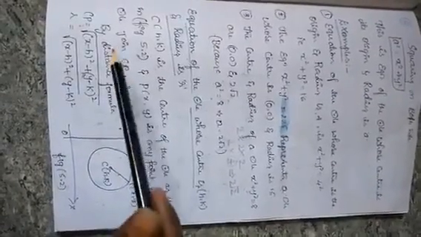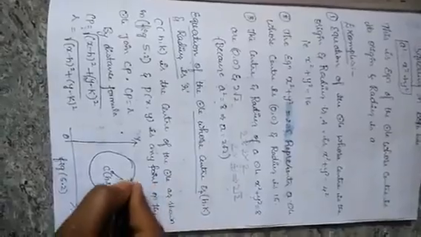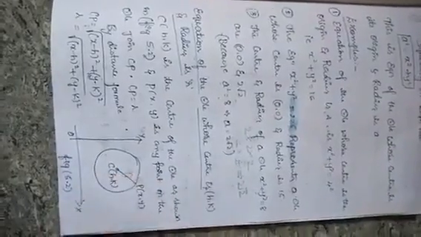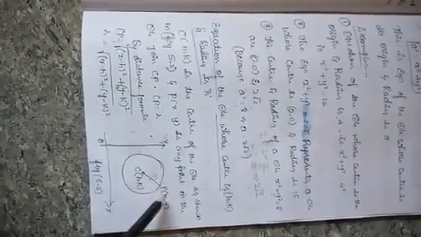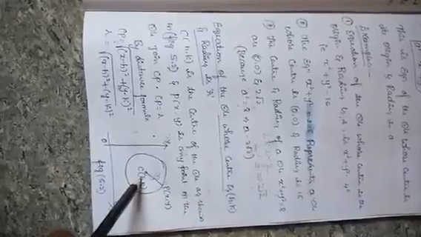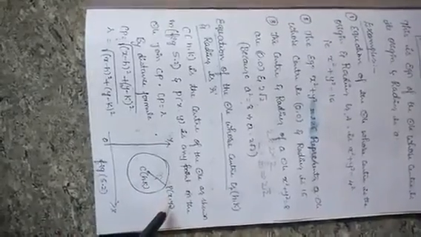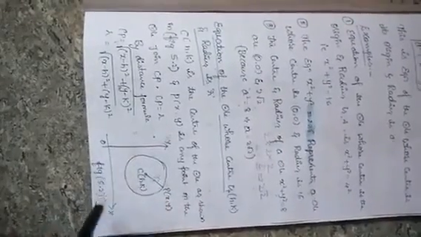In this figure, let P be the point xy on the circle. Join these two. This is the radius of the circle. CP is equal to r. Again by the distance formula, CP is equal to the root over x minus h whole square plus y minus k whole square.